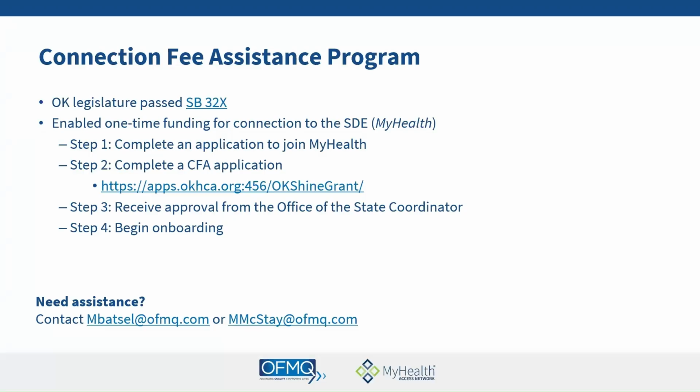So just make sure you get those in order first, a little helpful thing to keep you on track. Once you receive approval from the Office of the State Coordinator that you've been accepted for that CFA program, then the My Health team will reach back out, begin the process of onboarding and getting you connected to start submitting data.